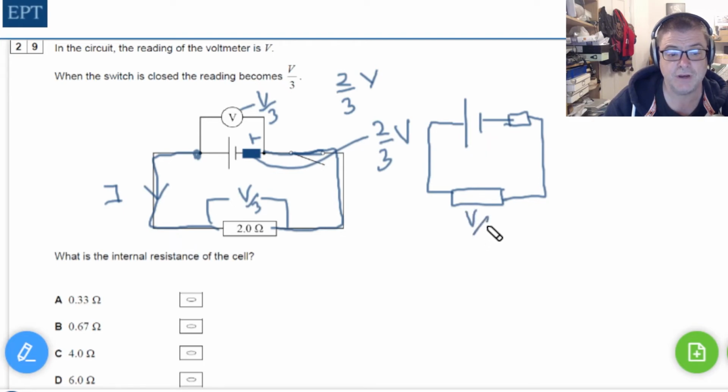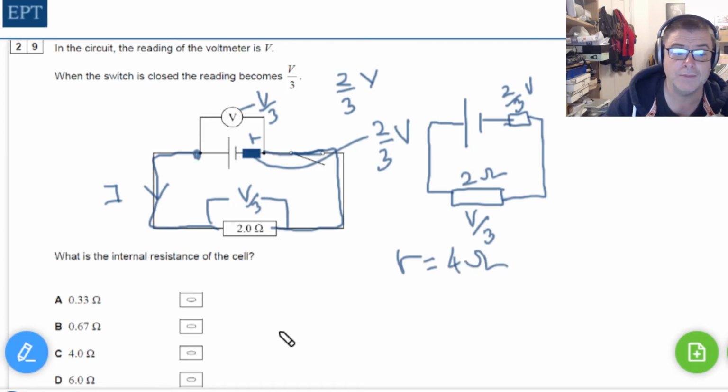We know this is V over 3. We've worked out that this is 2V over 3. Therefore, if we know that this is 2 ohms, we have twice as much voltage across the internal resistance. It has to have a value twice as much as the external resistance. Therefore, r is going to be equal to 4 ohms. And once again, that means it's C.